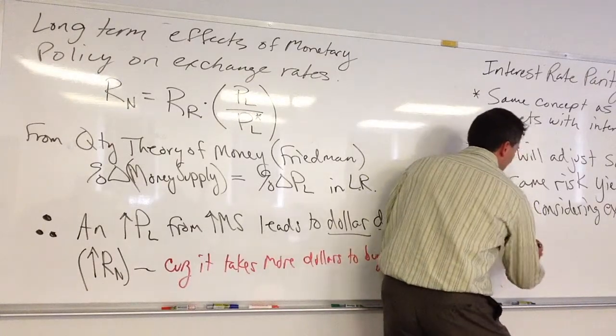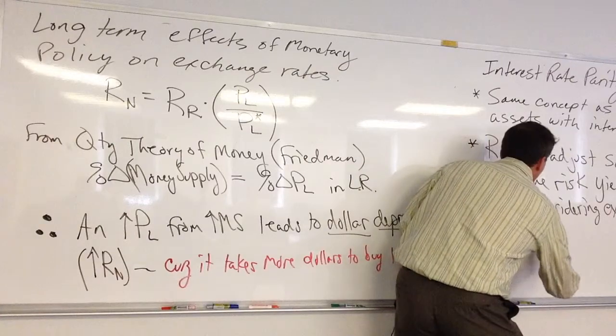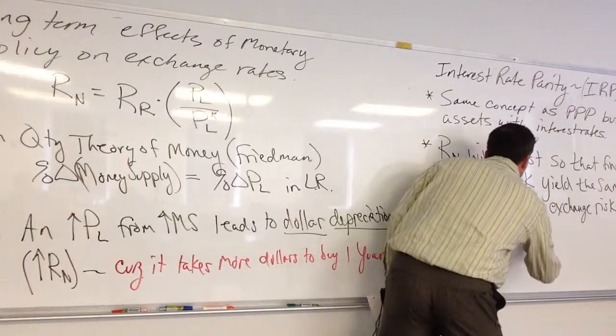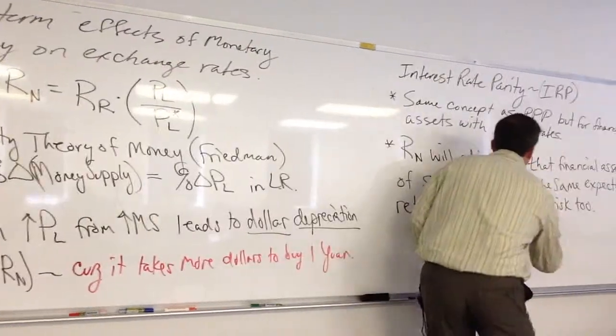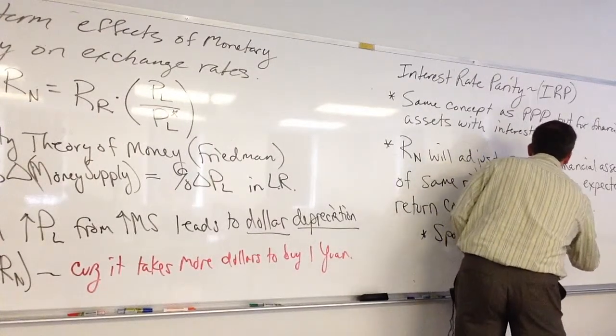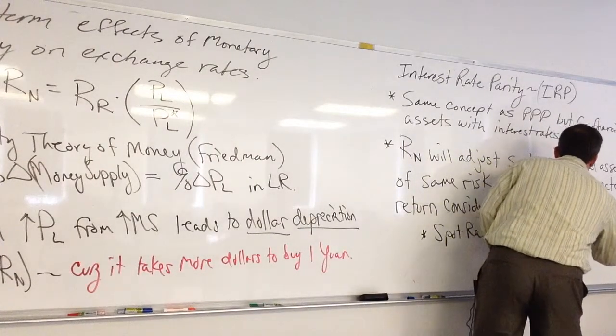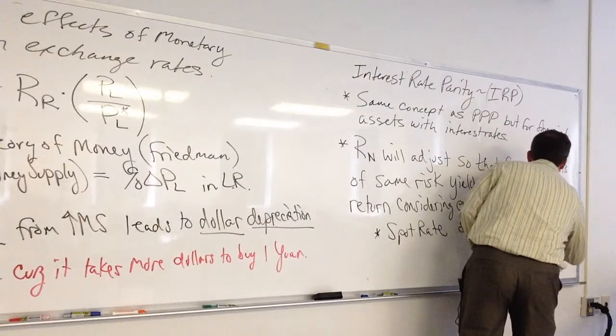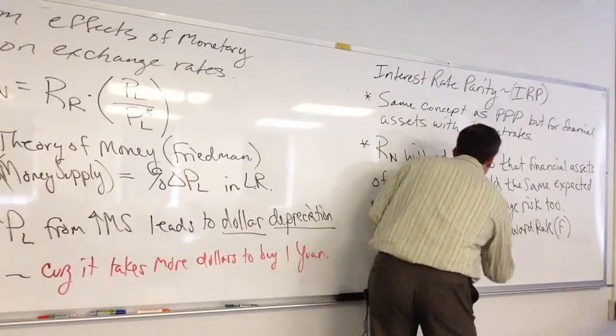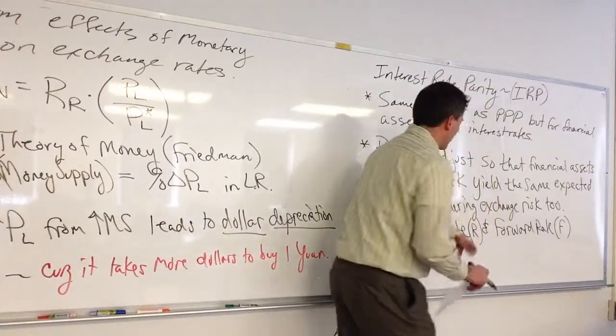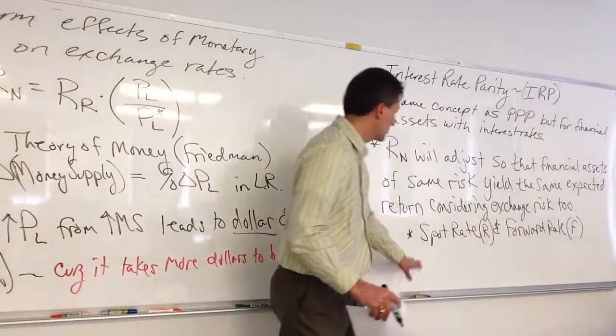So we've got two types now, the spot rate and the forward rate. Your book just uses an F and an R, same thing we were using, the R for exchange rate.